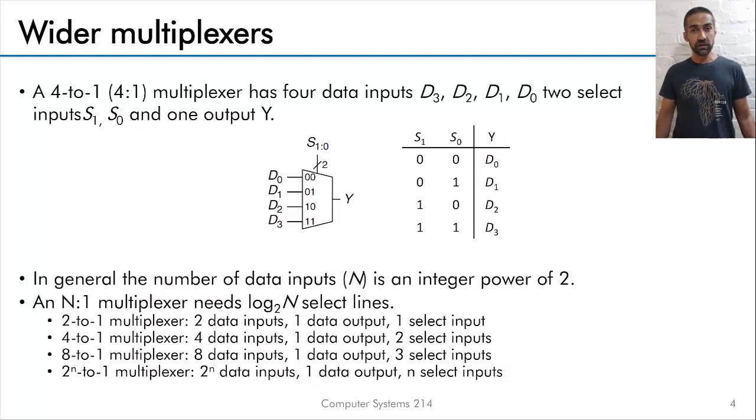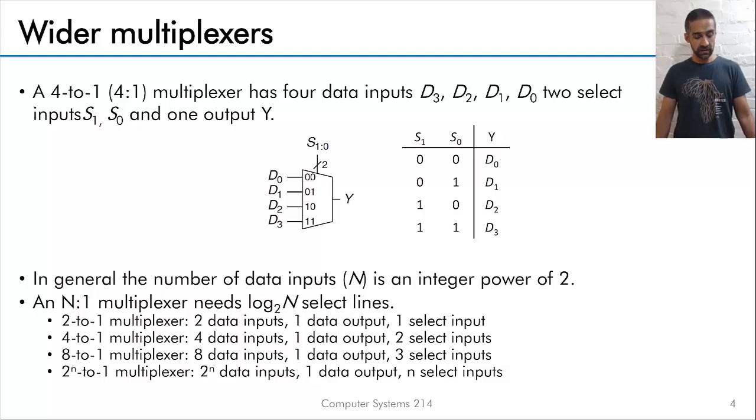Now, the more generic term to do this is to say an n-to-1 multiplexer needs log2 n select lines. An easier way to put it, a 2-to-1 multiplexer needs 2 data inputs and therefore 1 select input. 8-to-1 needs 8 data inputs, 1 data output, and 3 select lines.